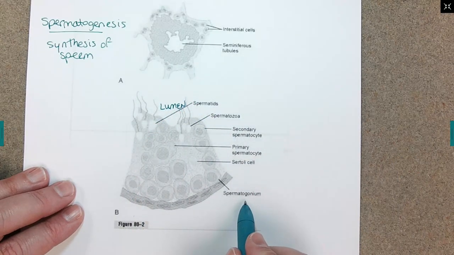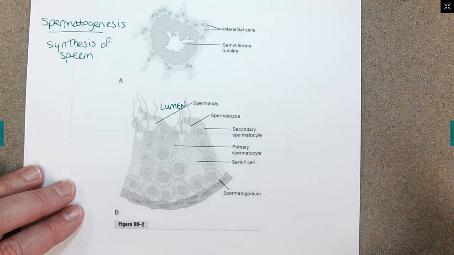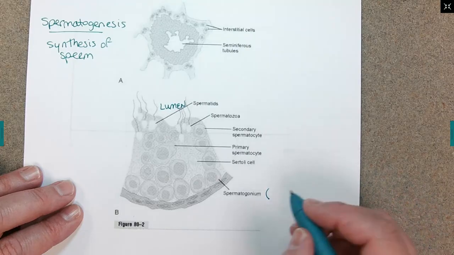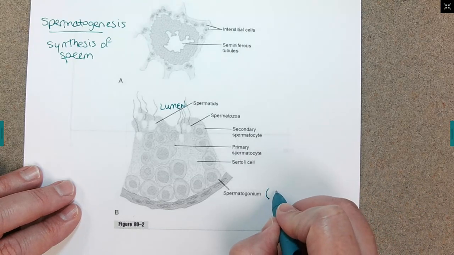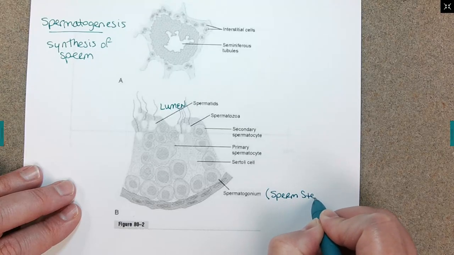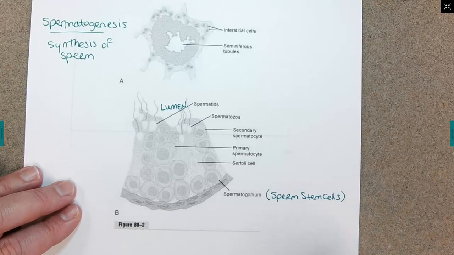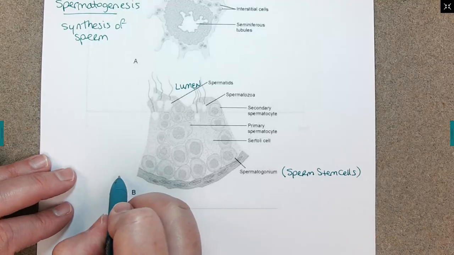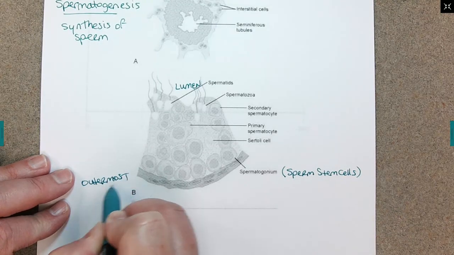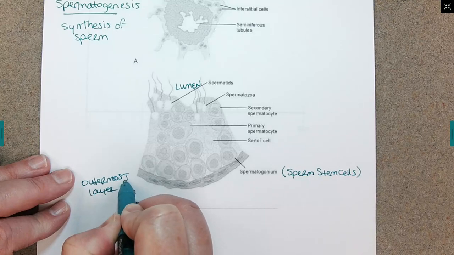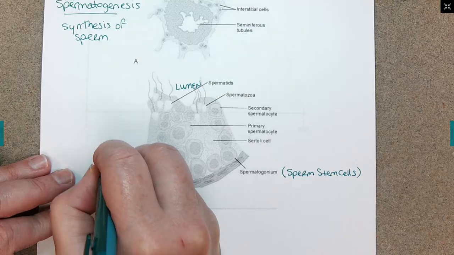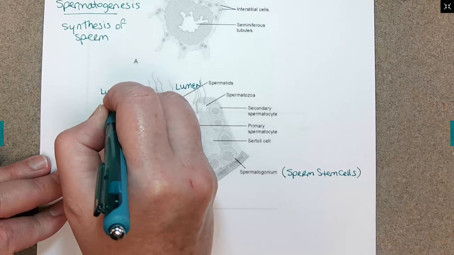Your spermatogonium, or spermatogonia, as stated on the previous page, we had A and B. These are basically your stem cells. This is going to represent the outermost layer of the tubule, and that's going to work its way inward to the lumen.